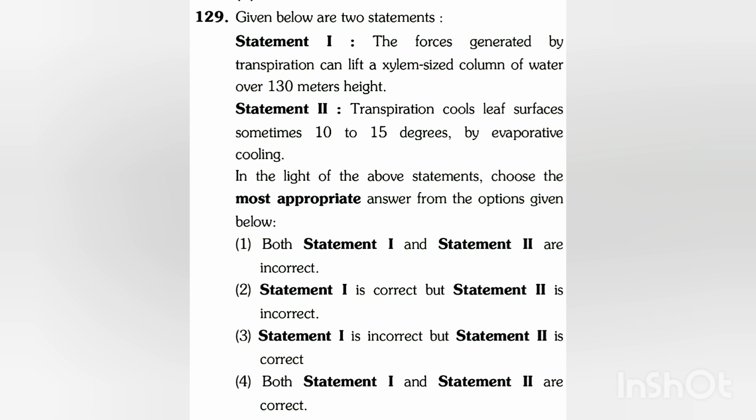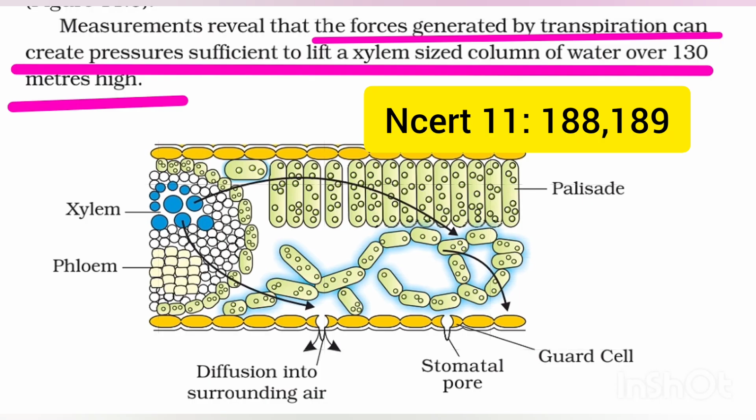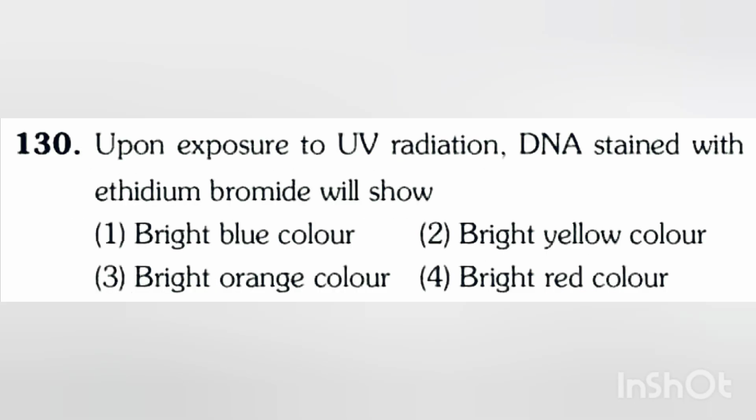Statement 1: The force generated by transpiration can lift a xylem-sized column of water over 130 meters height. Statement 2: Transpiration cools leaf surface, sometimes 10 to 15 degrees, by evaporative cooling. In the light of the above statements, choose the most appropriate answer from the options given below. Correct answer is both statement 1 and statement 2 are correct. Upon exposure to UV radiation, DNA stained with ethidium bromide will show bright orange color.